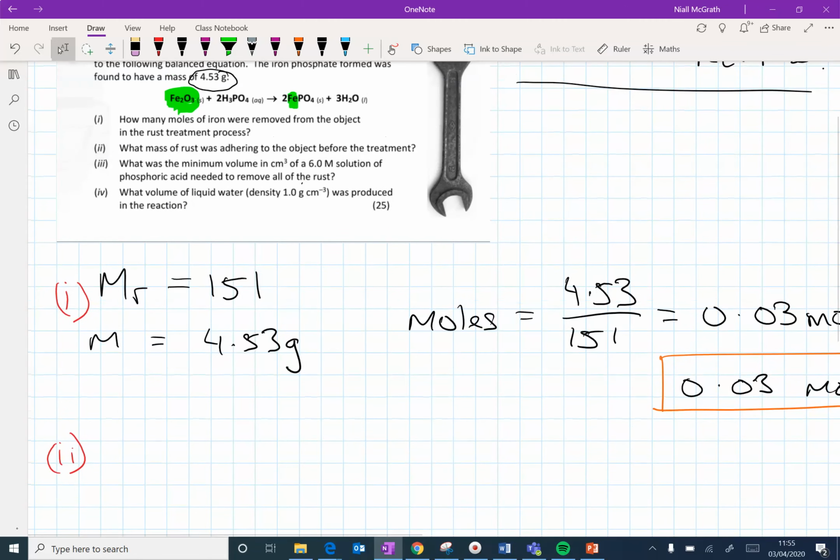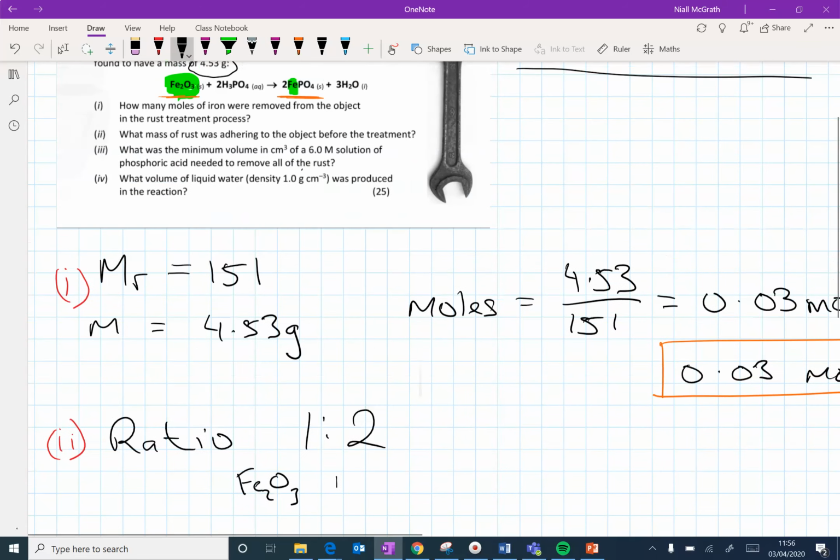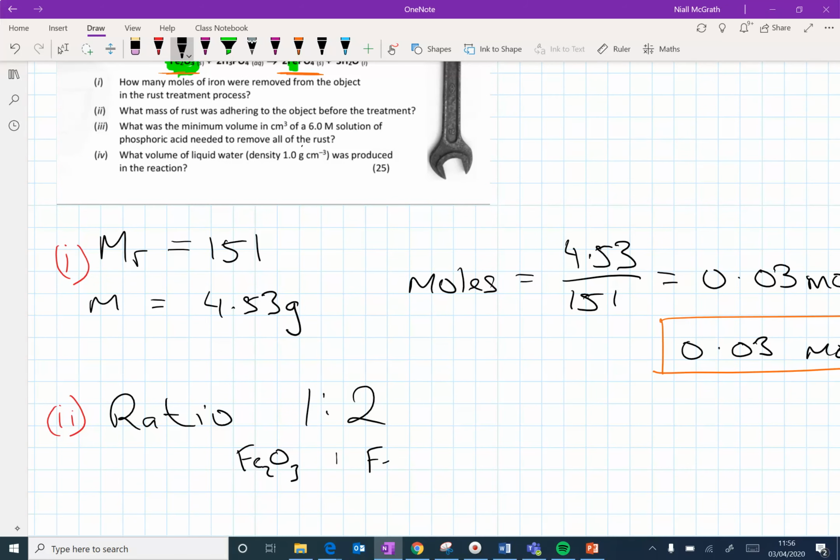You see here the ratio between your reactants, your iron oxide, and your products, your iron phosphate, so that's a 1:2 ratio. So this is your iron oxide over here, and this is your iron phosphate.